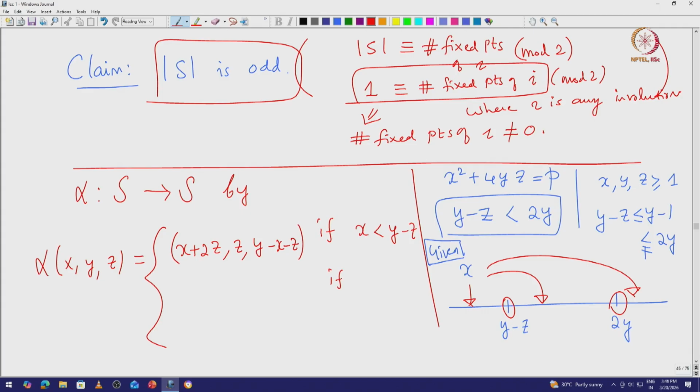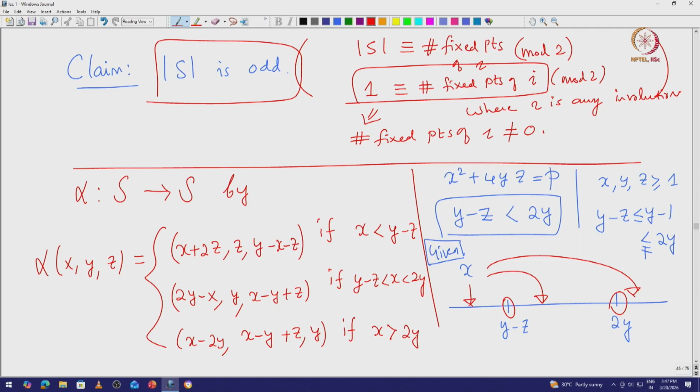If x lies between y minus z and 2y, then you take 2y minus x comma y comma x minus y plus z, and similarly you take x minus 2y comma x minus y plus z comma y if x is bigger than 2y. So, this is how the map alpha is defined.